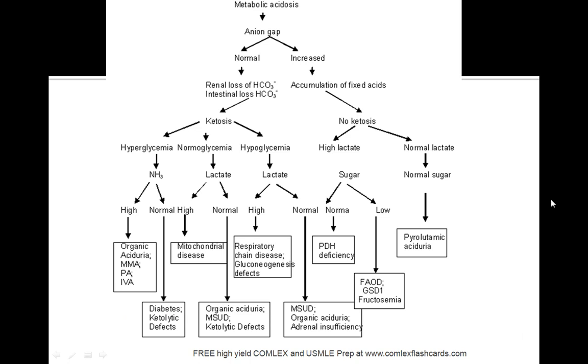Okay, and if you're looking at an increased anion gap, then for patients who have no ketosis, you're going to order the lactate levels. And if it's a high lactate, then you're going to look at lactic acidosis on your differential. But if it's a normal lactate and a normal sugar, you're looking at other causes as seen in this algorithm.